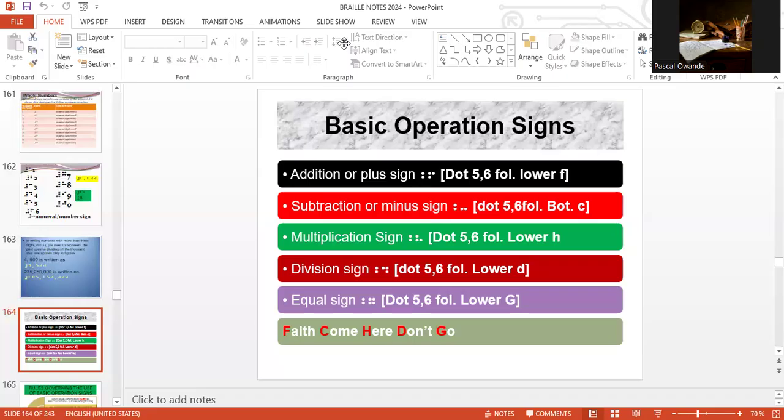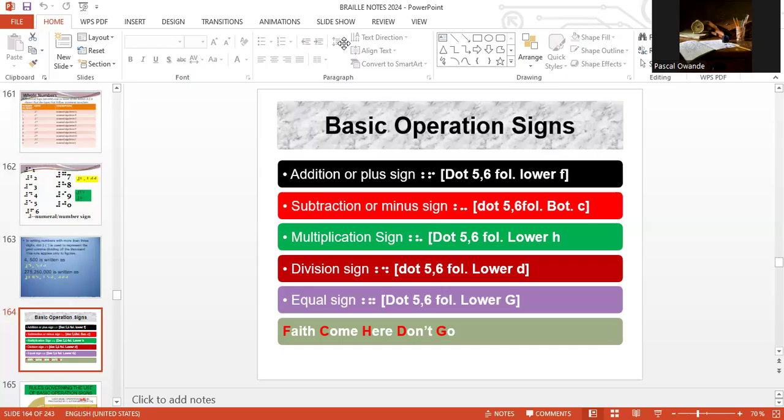We have a formula to help us remember this. That is, "Faith come here, don't go." As you're able to see, we have the first letters of our formula in red.